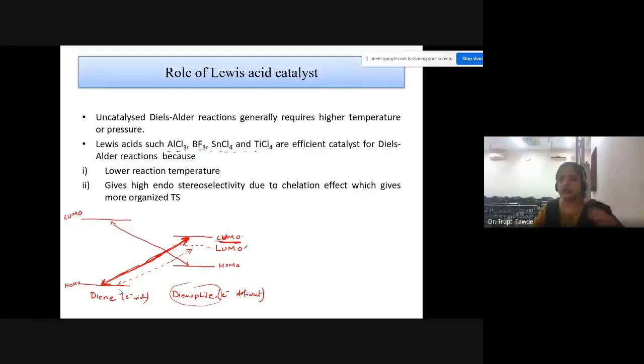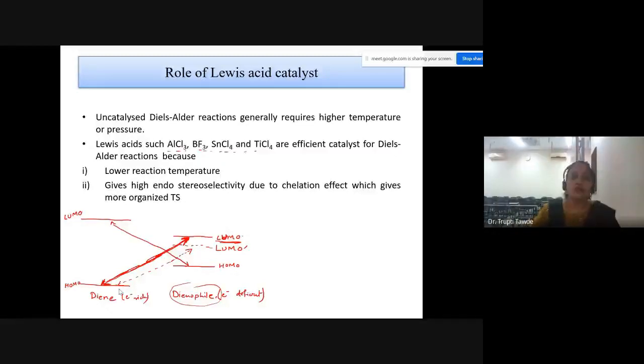Of course, you have always studied catalysts: the catalyst always decreases the energy of activation. So the line you need to remember is that your Lewis acid catalyst is going to interact with the dienophile because it is electron deficient, and when they coordinate, the LUMO of the dienophile decreases. Therefore, the energy gap between the diene and the dienophile is decreased.